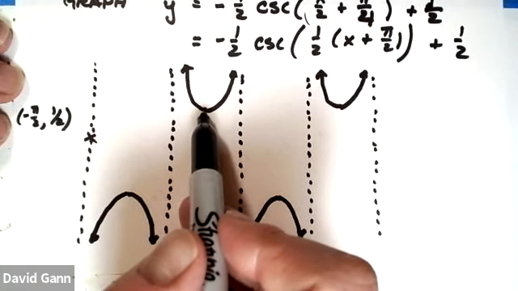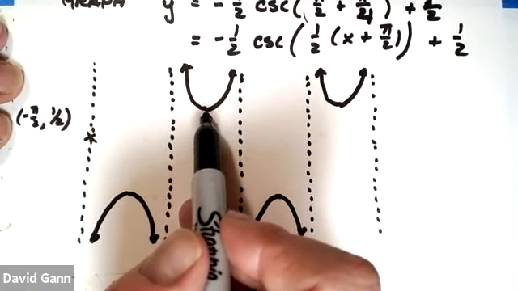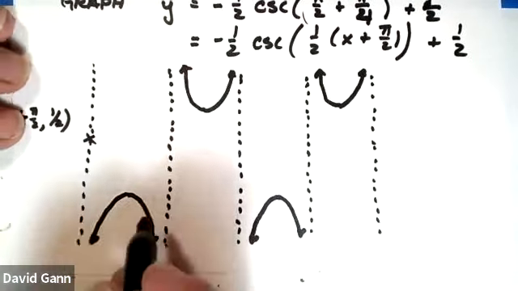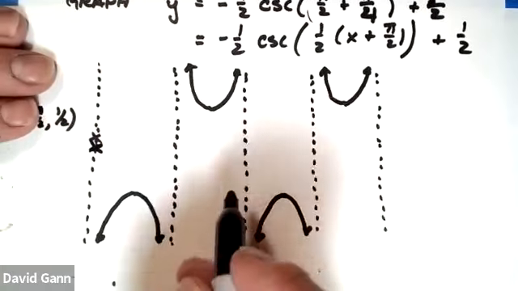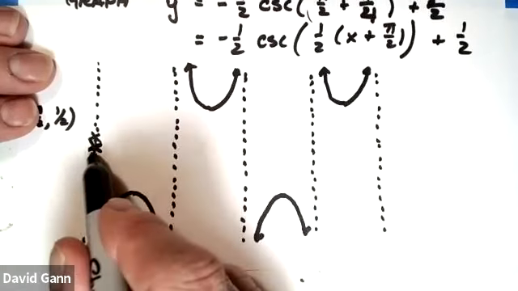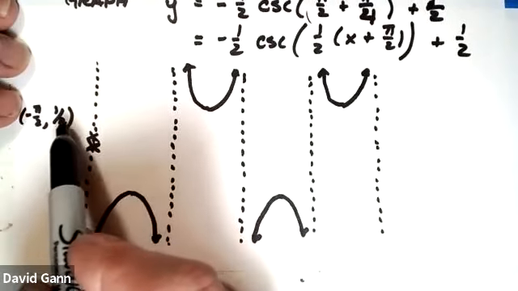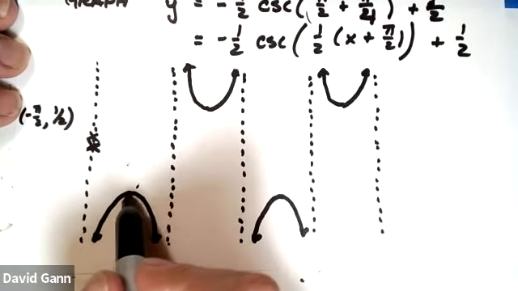So the y value of this low point is 1. Similarly, for this point, my perspective is a little weird. This point should probably be a little bit closer to here, somewhere halfway between, so it looks a little better. But anyways, this local maximum will be 1/2 minus 1/2, or 0. So the y value will be 0.